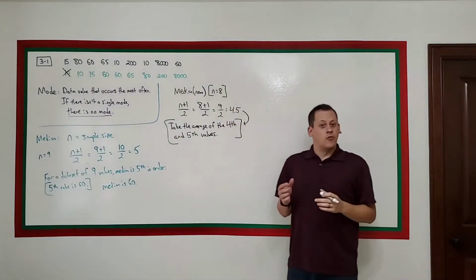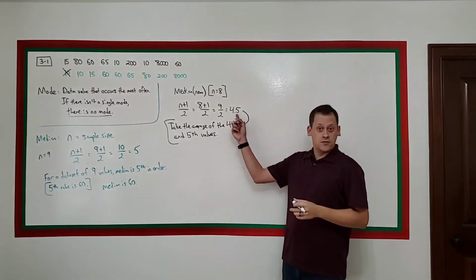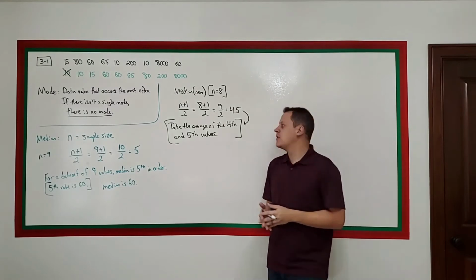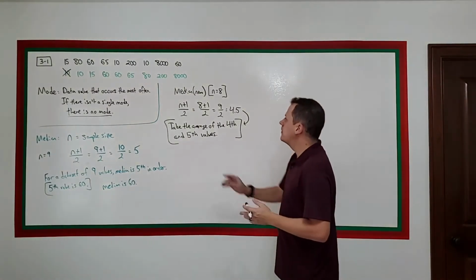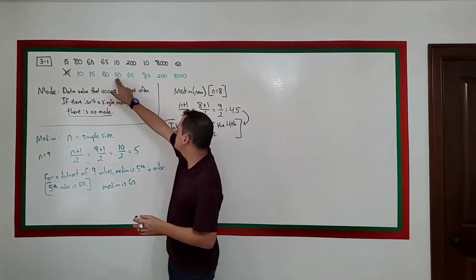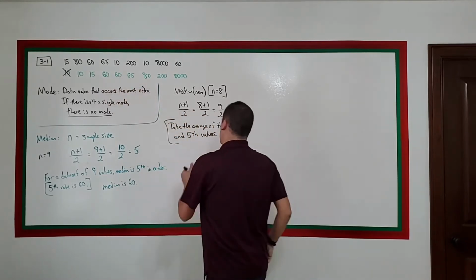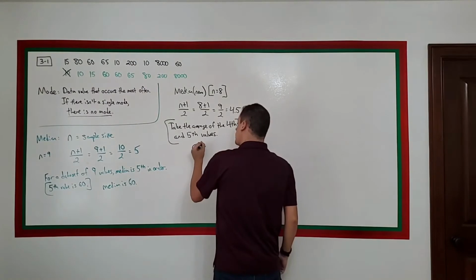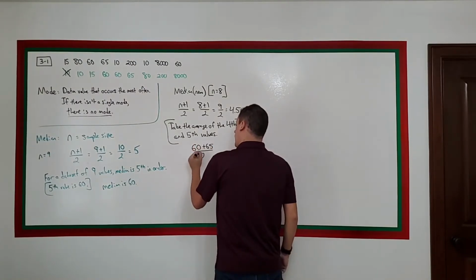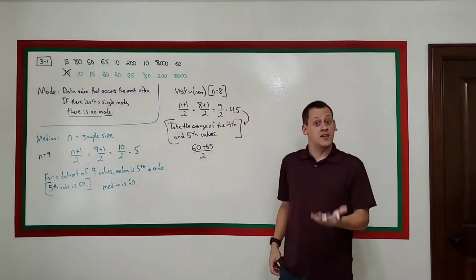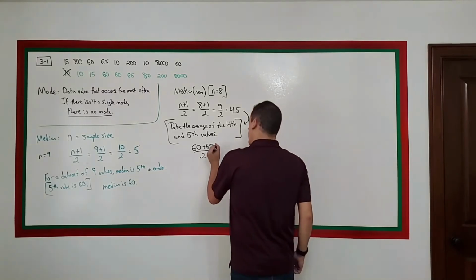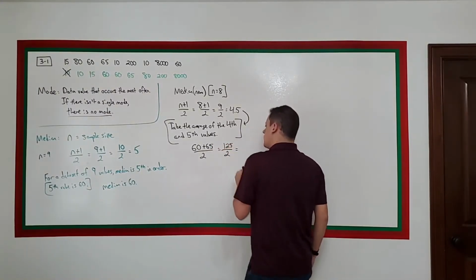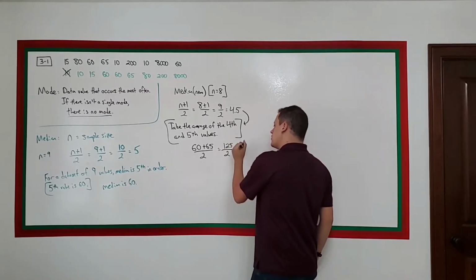You just need to take the 4th and 5th values, the two numbers, the two integers closest to this, and average them together. Okay, so we take the 4th and 5th values, that's going to be 60 and 65. And taking an average just means we add those two numbers together and divide by 2. We're finding the number that's halfway in between. That's going to be 125 over 2, which is 62.5.